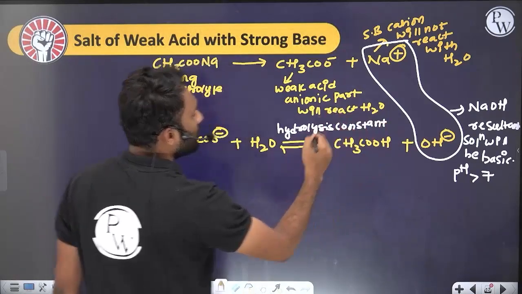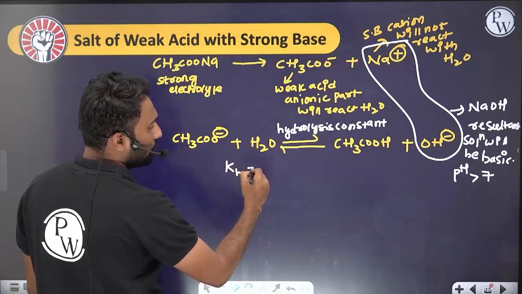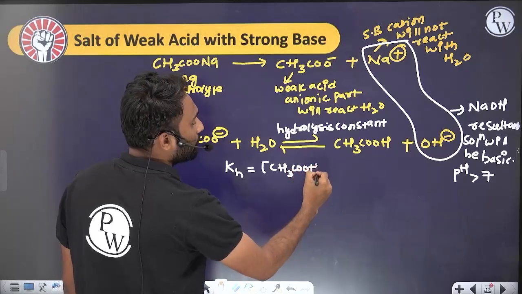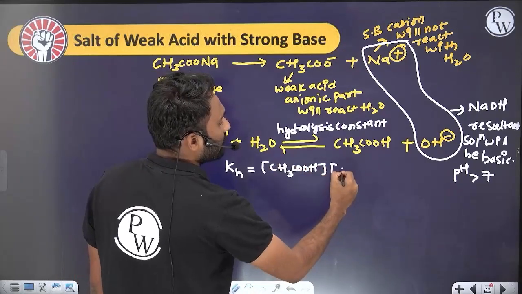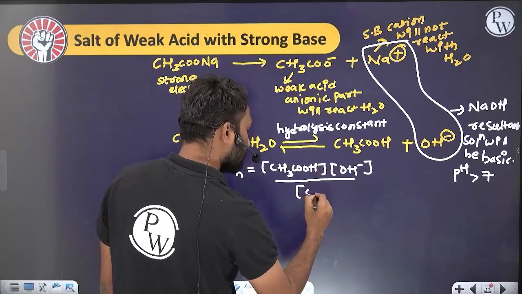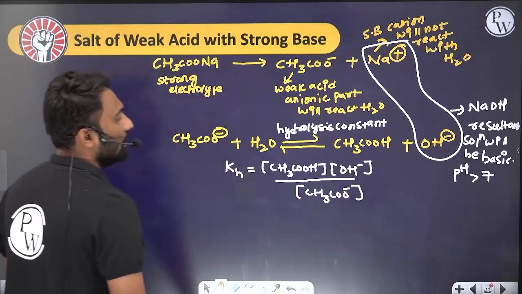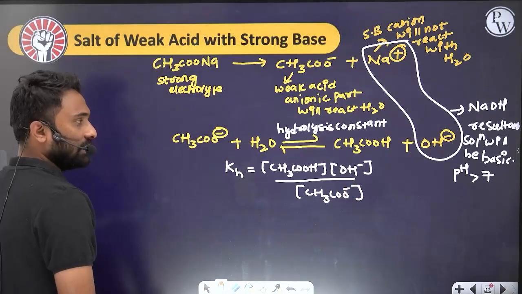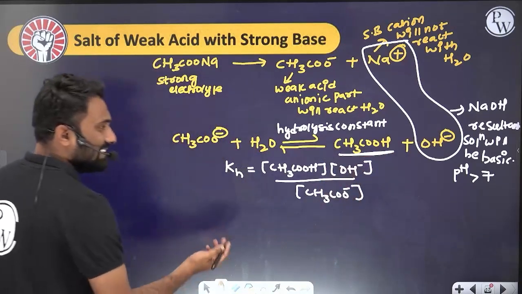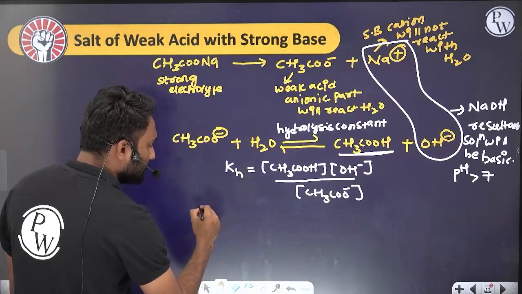Now, for this one, KH, the hydrolysis constant, KH is equal to the concentration of acetic acid times the concentration of OH minus, divided by the concentration of acetate ion. Here we are having acetic acid. Acetic acid is a weak acid.